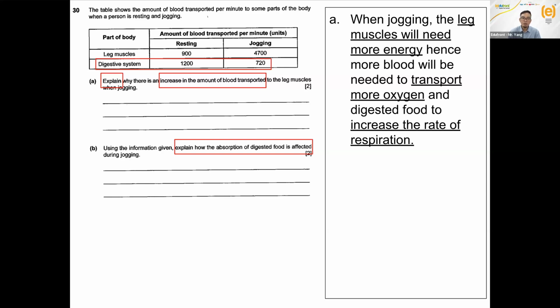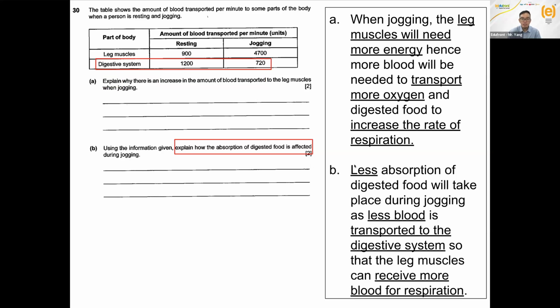So that means, is it a good idea to jog immediately after a meal? It may not be a good idea. Okay, so why? You need to explain why. Less absorption of digested food will take place during jogging. Why?